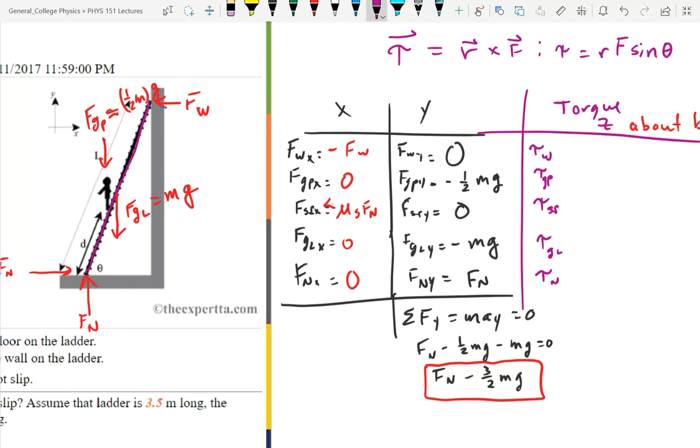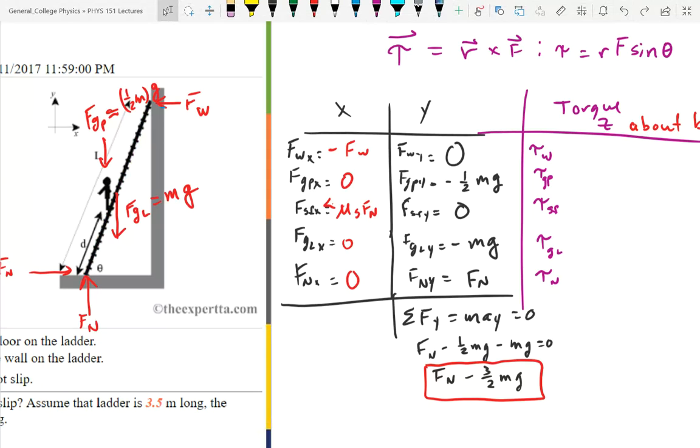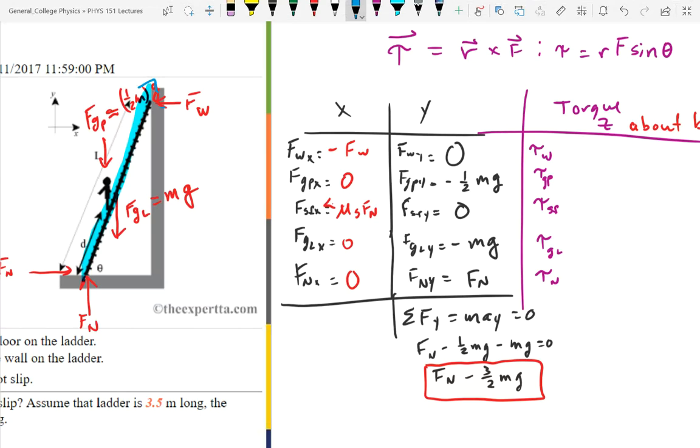okay, that doesn't stand out very well. I will use a highlighter. It's going from there to there. That's my R vector. It has a direction to it. It's going like that.